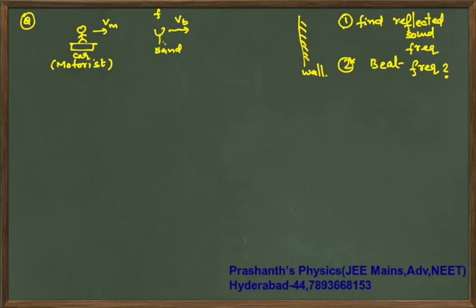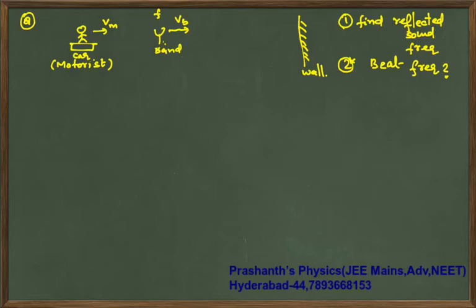So I'll continue. Now one frequency will be between these two. From the language of the question, for one frequency this motorist is the listener, and for the reflected one also he is the listener. One is direct.